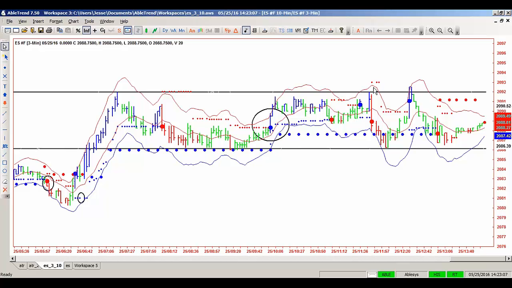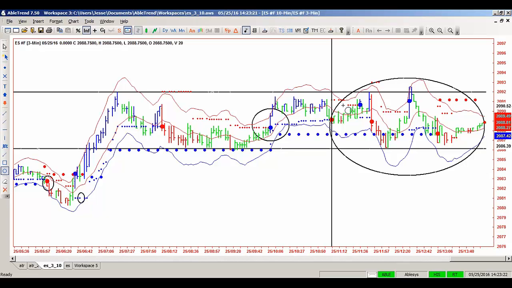From this point on, where we can draw this line, we basically wrote to ourselves, don't trade this period of time, and that's effectively what happened.